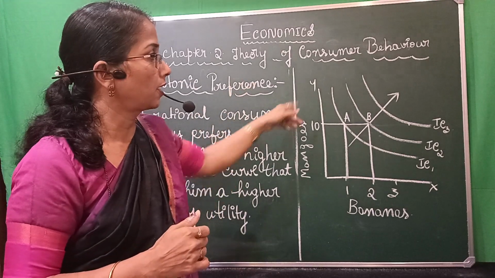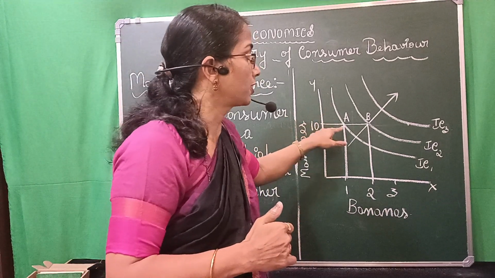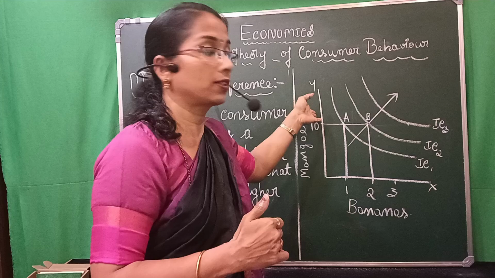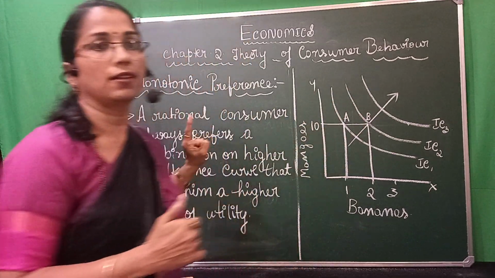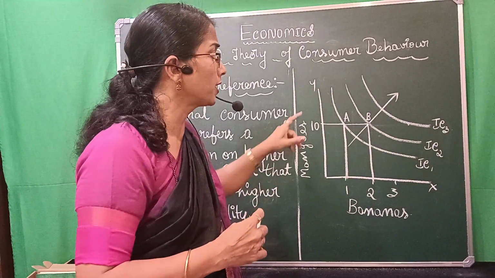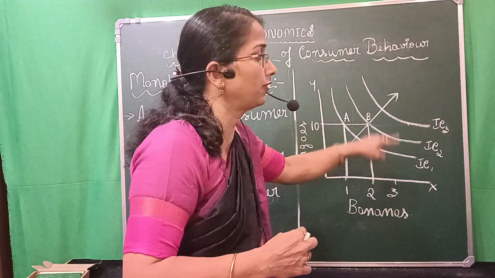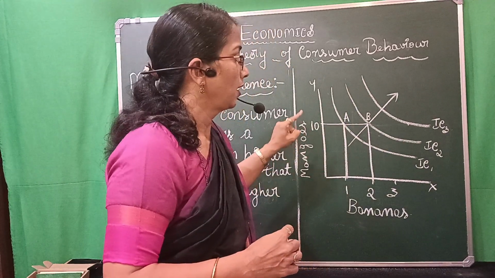Now let us understand with the same diagram, the indifference curve or indifference map diagram I have drawn previously. You can use that same diagram to understand the concept of monotonic preference. As I already said, there are 3 indifference curves, IC1, IC2, IC3.